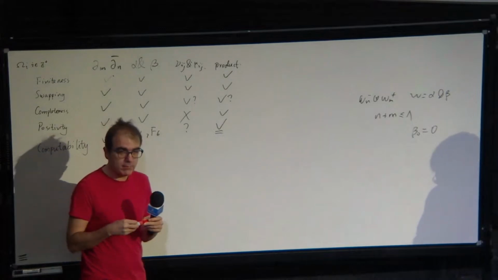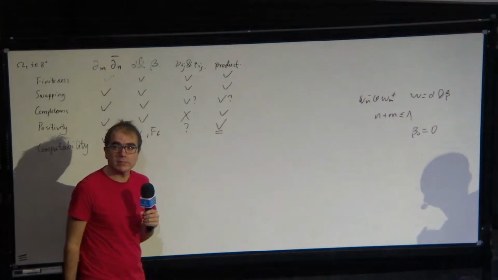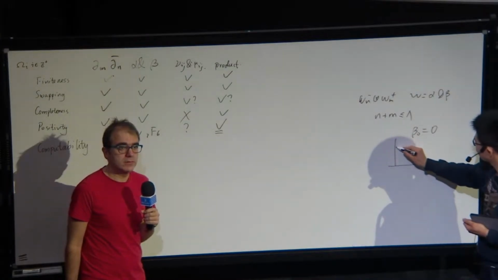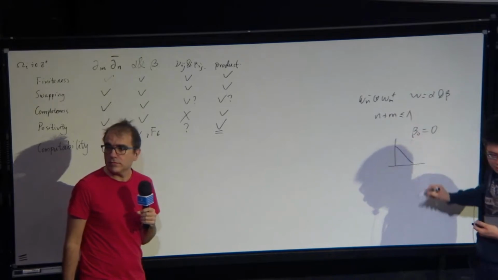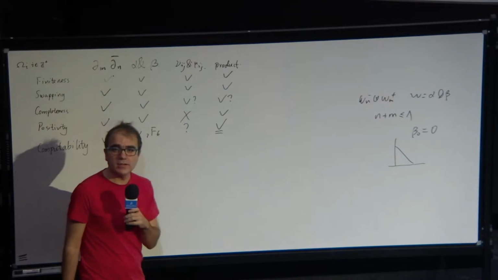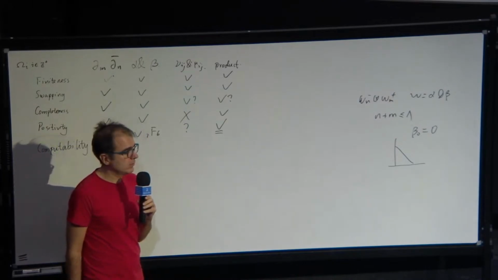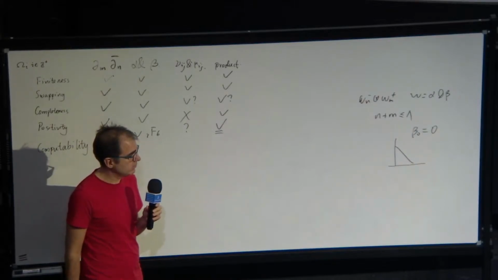So the choice is very naive. We didn't even try some more interesting choices. For example, these are triangles in the m and n plane, so you can definitely choose different shapes. There is another interesting comment: you can try a mix of FF and FB.